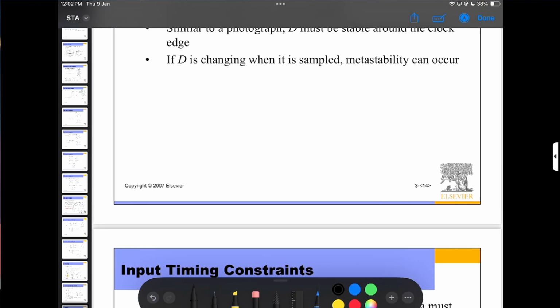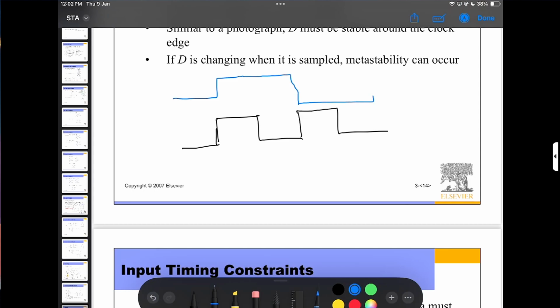Suppose my clock is this, and suppose my D input is here. Now I am using positive edge triggering.